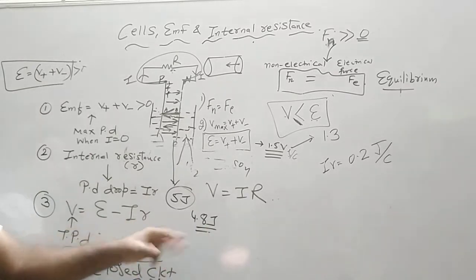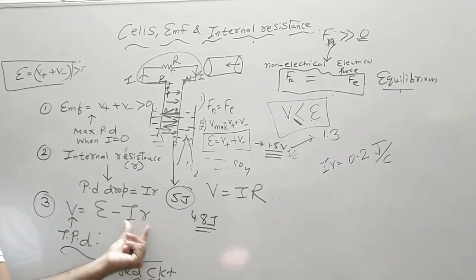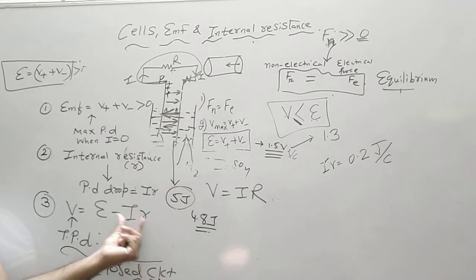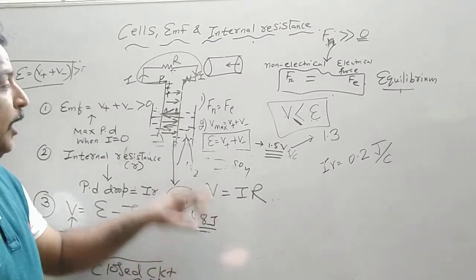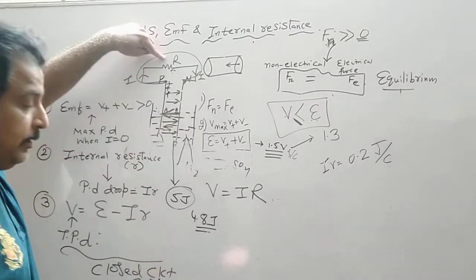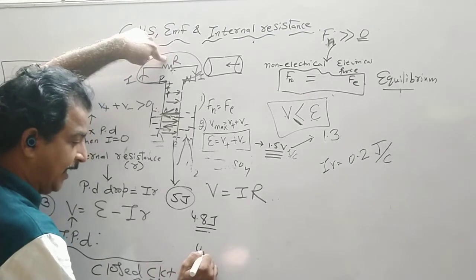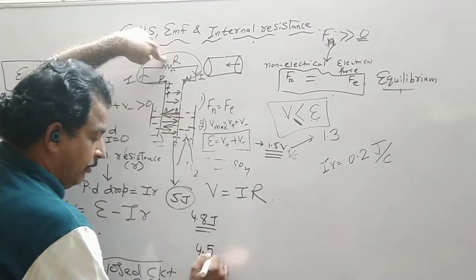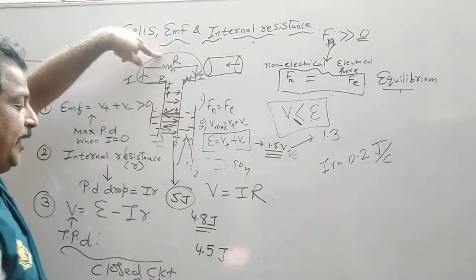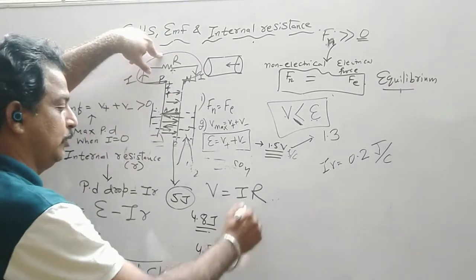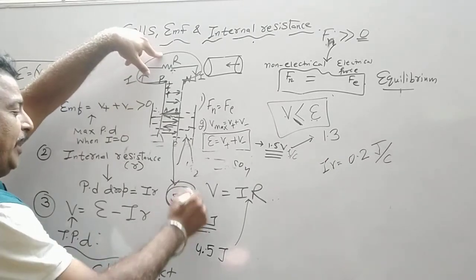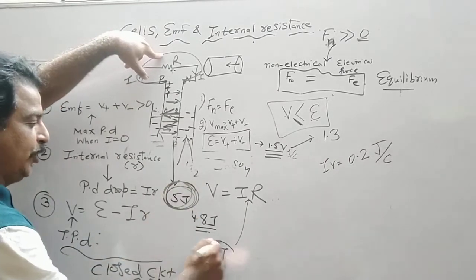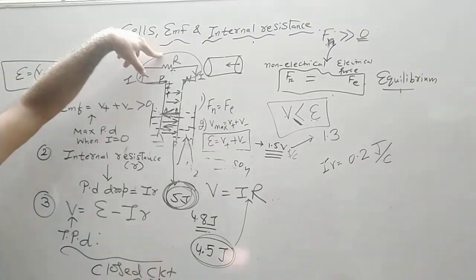Per coulomb it has gone to overcome the opposition offered to the ions' motion inside the cell. Now I got 4.8 joule. I connected a bulb. Now the light energy obtained is say 4.5 joule. So where has this 0.3 joule gone? It is IR.